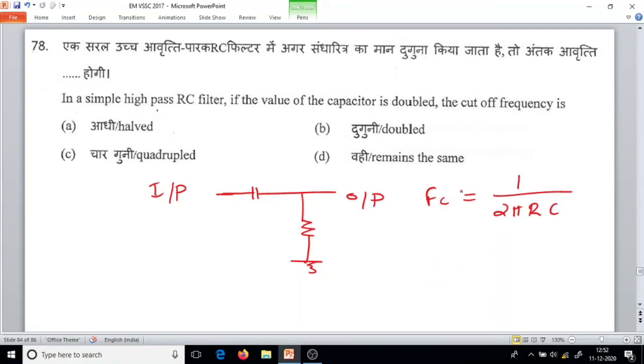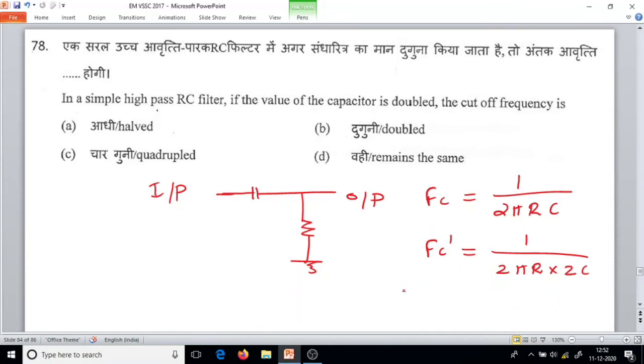Now what is the question? In a simple high pass RC filter, if the value of the capacitor is doubled, the cutoff frequency. I'll take the new cutoff frequency as FC dash. Capacitor value is doubled, 2C.